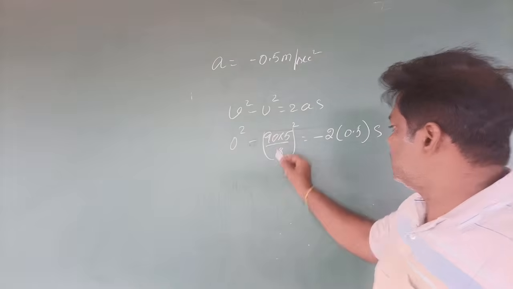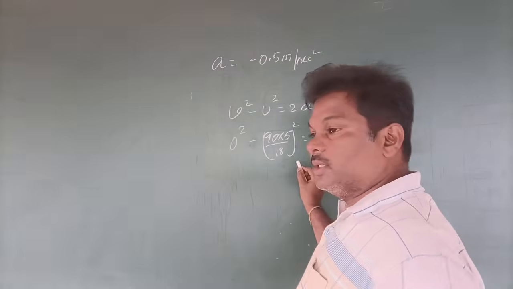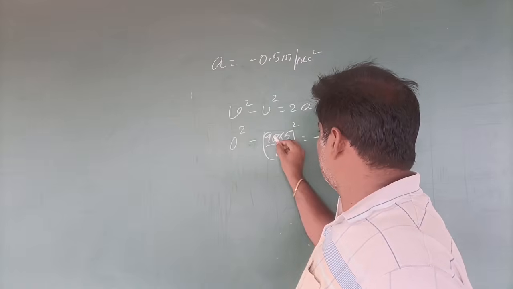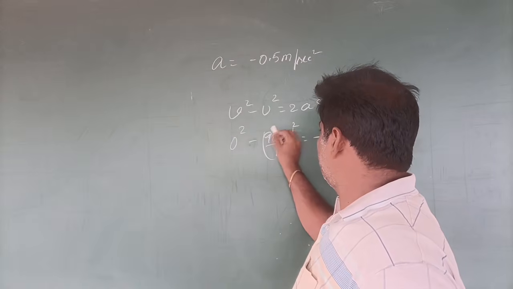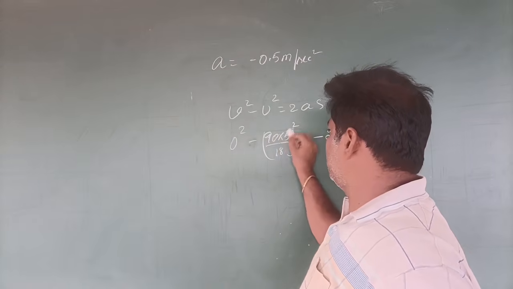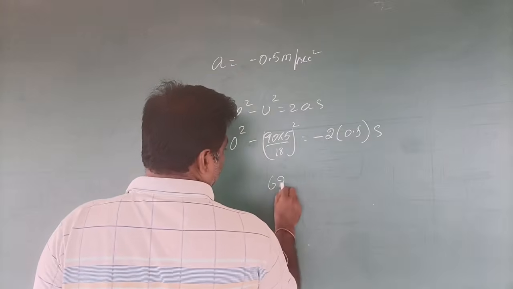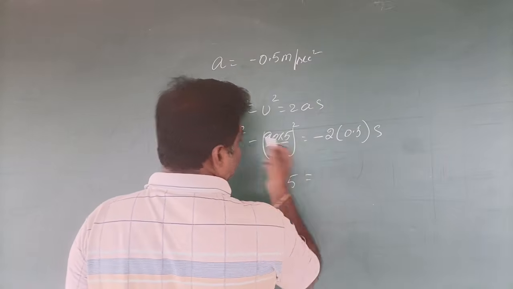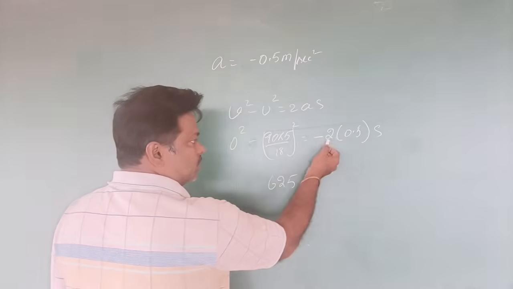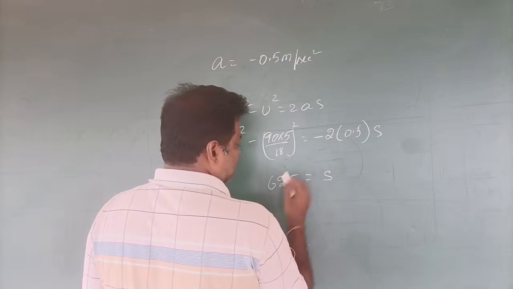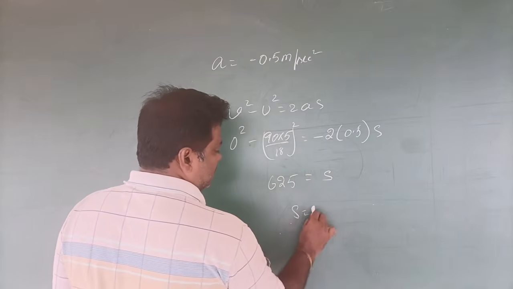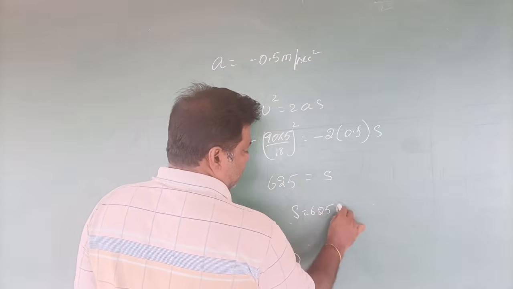Here minus minus will get cancelled. Then 90 into 5 by 18, you will get 25. 25 square is 625, is equal to, 2 into 0.5 is equal to 1, then S is equal to 625 meters.